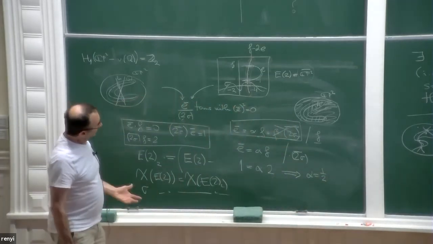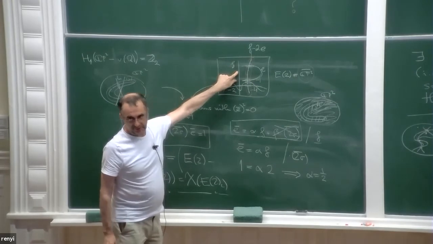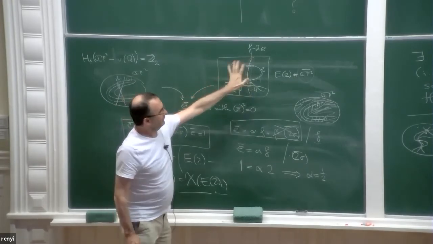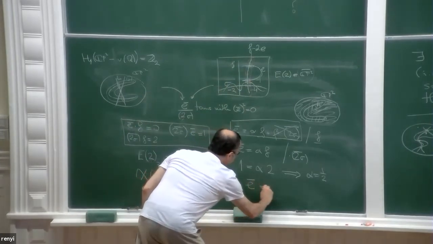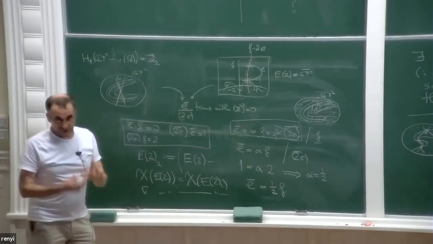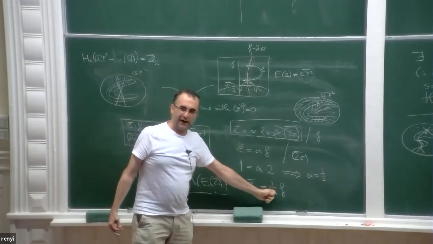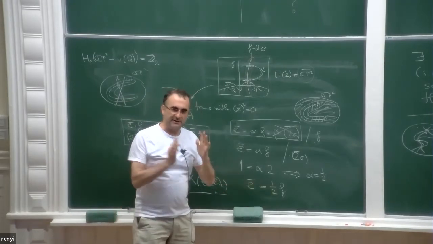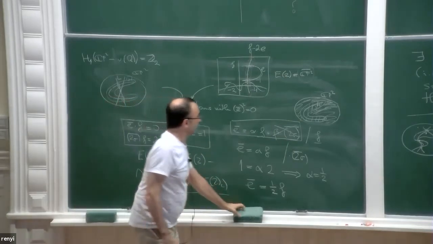So miraculously, we had a primitive homology class F in E2. And after we did this manipulation, we created E bar, which is just 1/2 F. So we made ourselves able to divide the fiber by 2 still in integral homology. So that's the effect of what we did. And here is the claim.